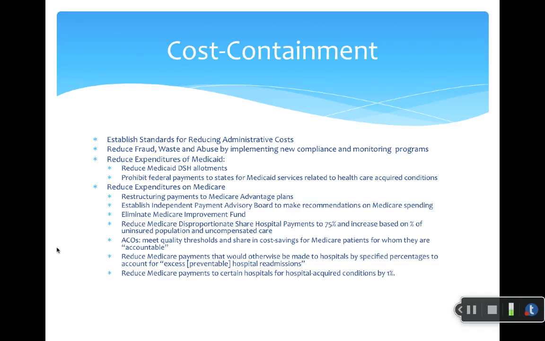So there were many experiments and programs that were put in place. Some of them have been more successful than others, but basically the big categories were to reduce fraud and waste and abuse in the Medicaid and Medicare programs, to reduce administrative costs so that there would not be all this administrative bloat that we see in the healthcare system, to try to make the Medicaid system more efficient, and then also try to get Medicare payments to be done not on a volume basis, but on the basis of quality and on the basis of health outcomes.